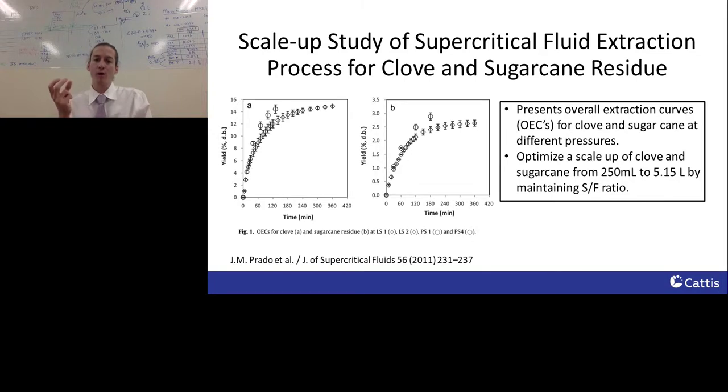And their goal was to develop these overall extraction curves, and from that data, develop a strategy to scale from a 250 ml vessel to a 5-liter vessel. And they were able to do this by maintaining their solvent to feed ratio, S/F. And we'll talk more about that in the later slides.